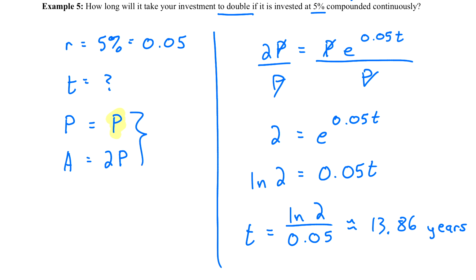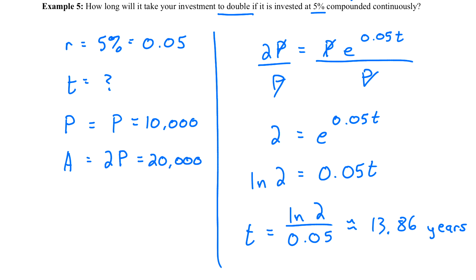What's kind of cool about this problem is when I said at the beginning that we don't really know what A is and we don't really know what P is, I actually said you can choose whatever you want for P. It doesn't actually matter. So if you wanted to go back to that first example and call P 10,000, double that would just mean my A has to be 20,000.